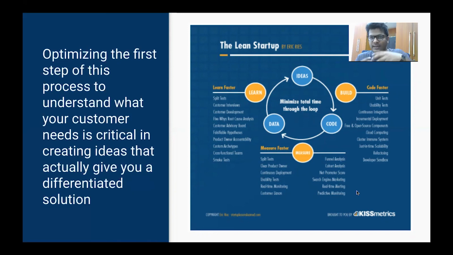Understand that, narrow down the problem that you're trying to solve, and find something that is worth solving, and solve that problem better than what your competitors are doing. Once you have that initial point right, the cycle itself, when you start optimizing, with every iteration, you keep on getting better and better results, because you're focusing on the right problem, on the right motivation to solve.